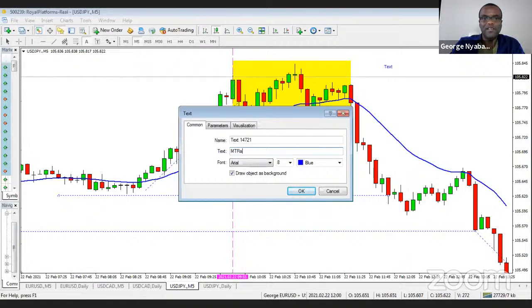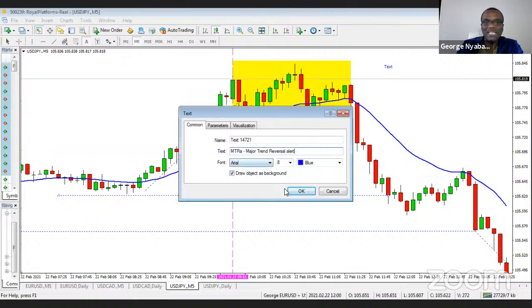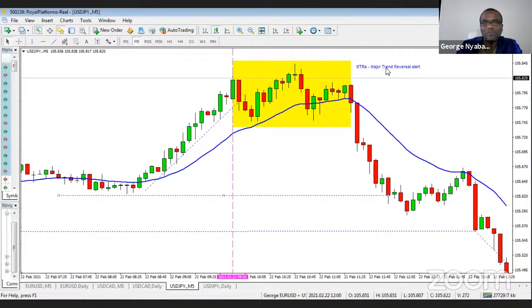So MTRA, I'll explain that. It's a major trend reversal alert. That small a means alert. So this whole pattern here is a major trend reversal alert, and that's what we'll be focusing on today.